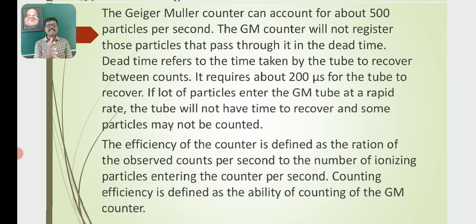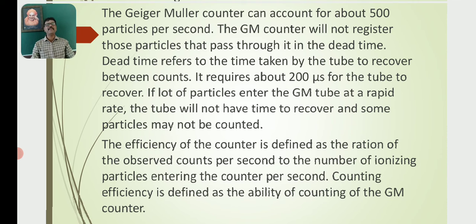The efficiency of the counter is defined as the ratio of the observed counts per second to the number of ionizing particles entering the counter per second.